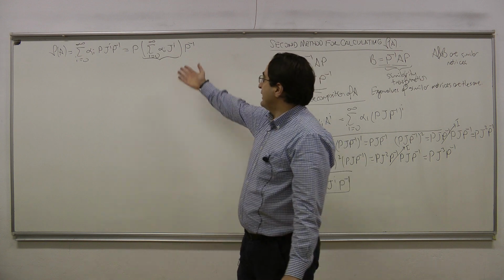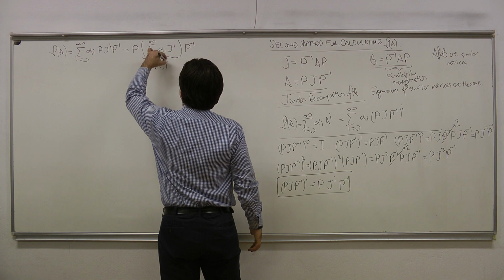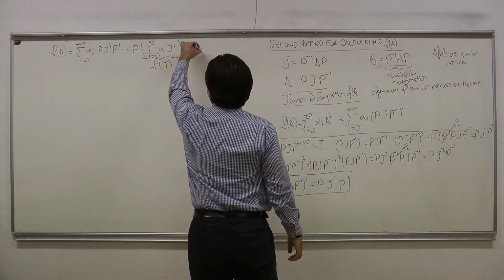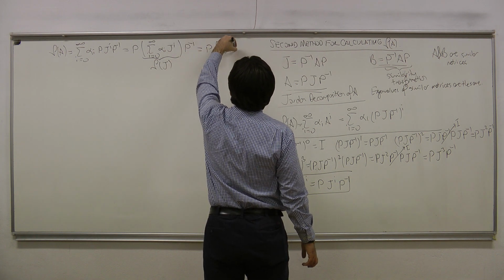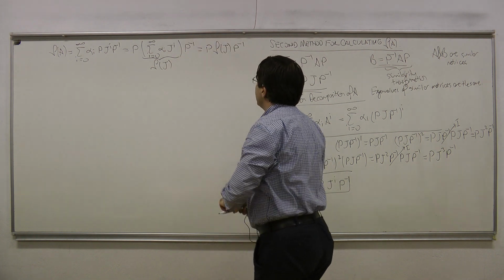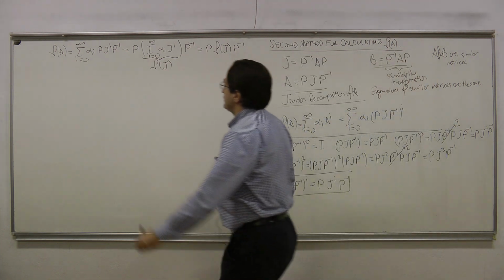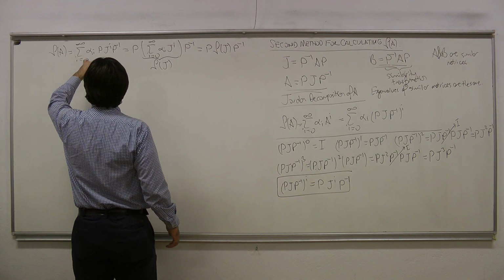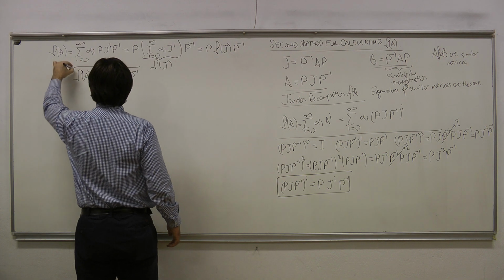So instead of A, I have here J. That means that this is f of J itself. Okay? So that means that I have here P times f of J times P inverse. So here you see the following equation then: f of A is nothing but P times f of J times P inverse.